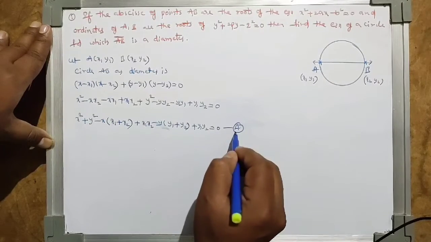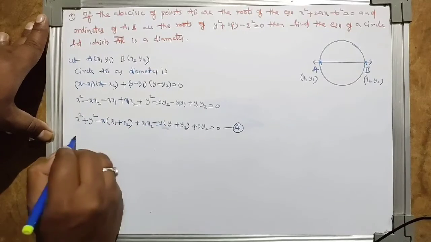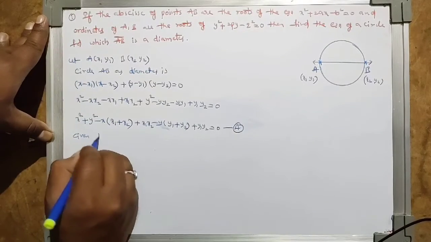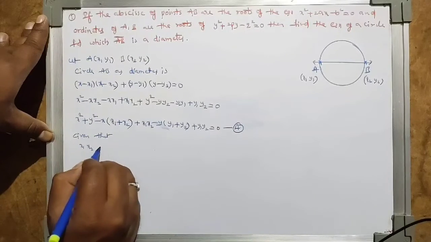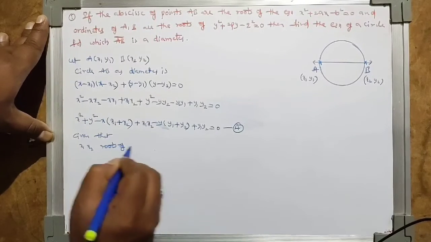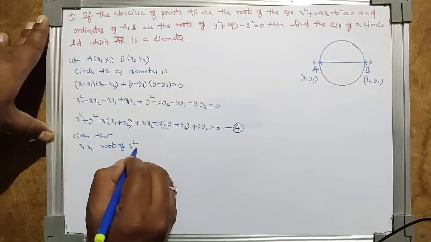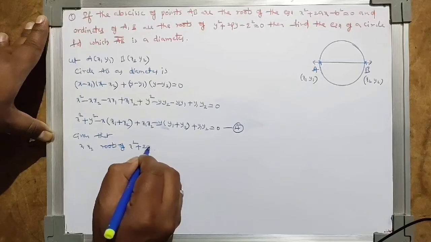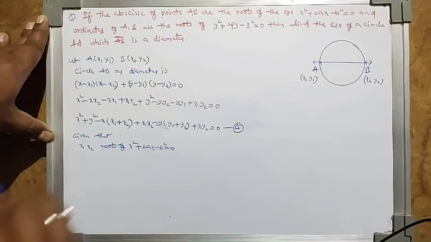Now, given the condition: x1, x2 are roots of x square plus 2ax minus b square is equal to 0.